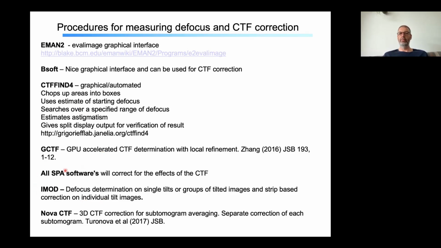Pretty much all single particle analysis software will correct for the effects of the contrast transfer function. If we look more specifically at software for tomography-based CTF determination and correction, IMOD has a method for this, which I'll show, and NovaCTF, which was a way of doing 3D CTF correction from John Briggs's lab.